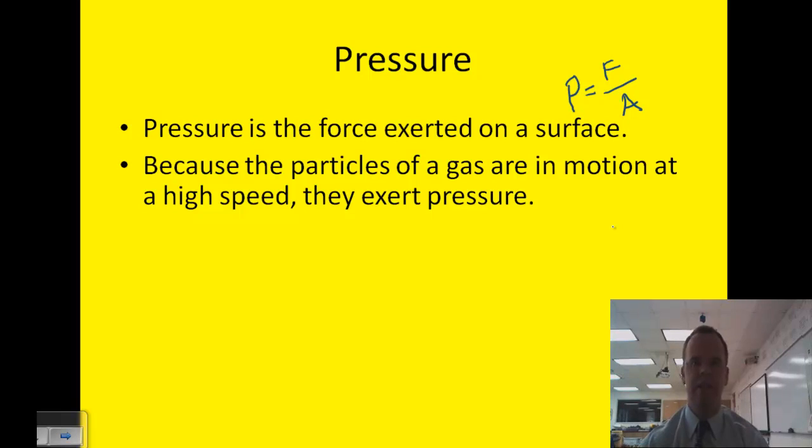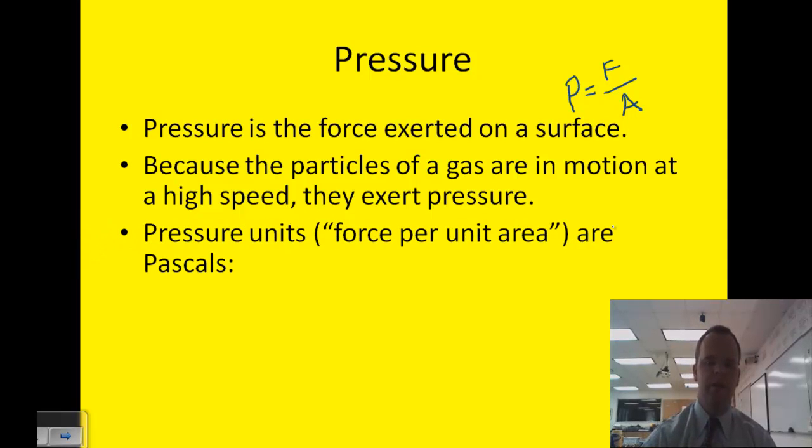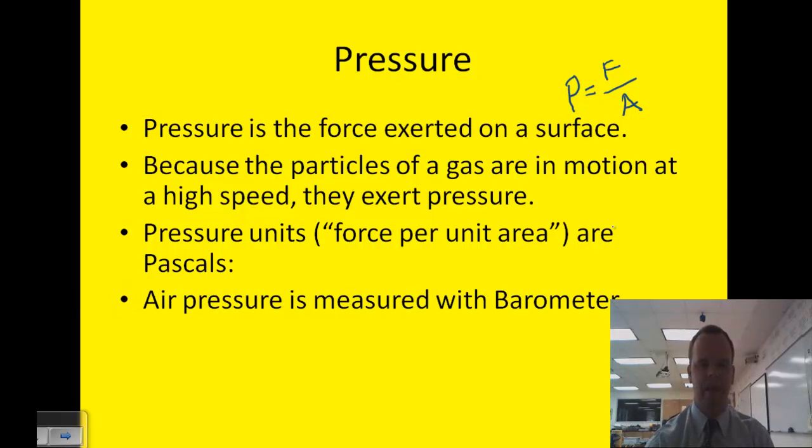The more collisions that you have, and the area over which those collisions can occur, will affect the pressure. Since pressure is force per unit area, the main SI unit is the unit of pascals. And air pressure is going to be measured with a barometer.